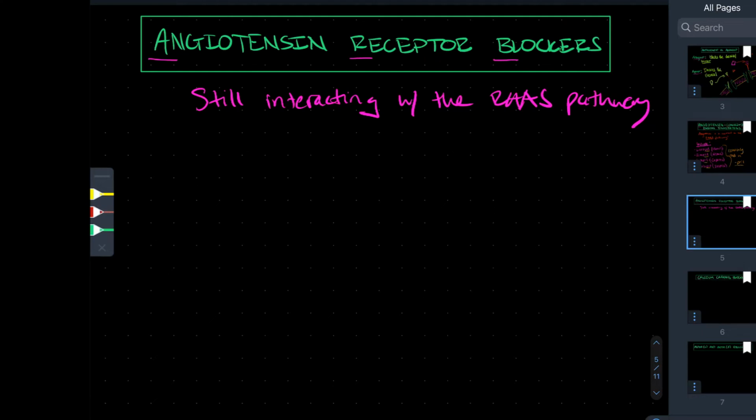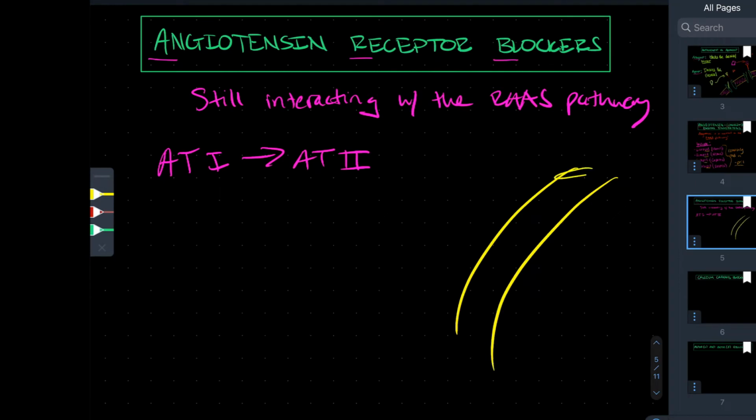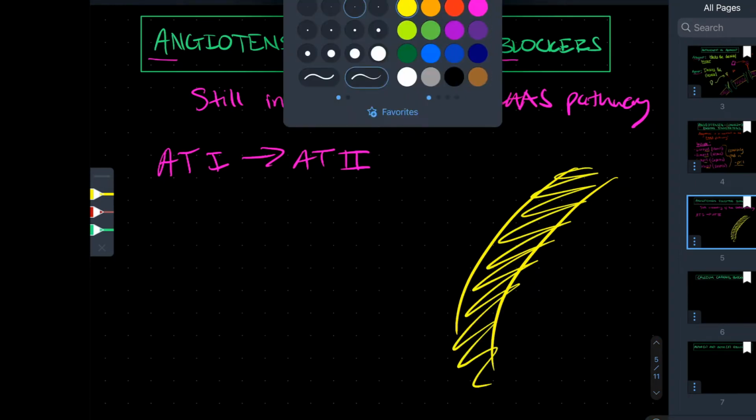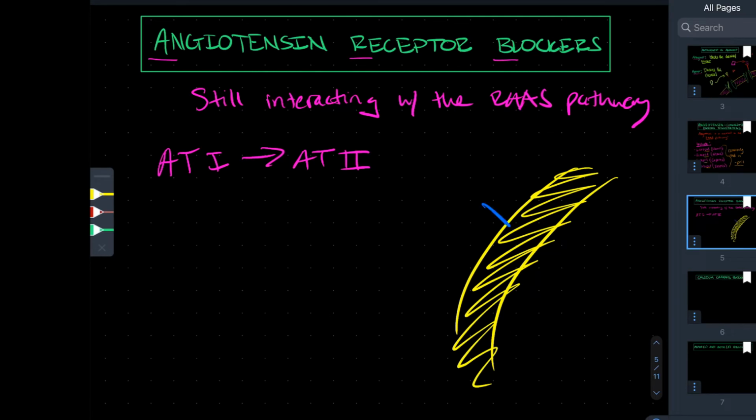So in this, we go from angiotensin 1 to angiotensin 2. So that still happens. But now, let's say we have a cell here. Let's just say this is an angiotensin receptor on one of your body's cells.